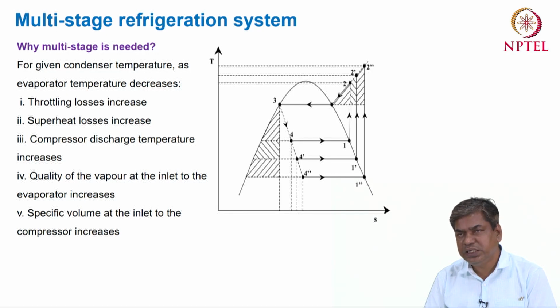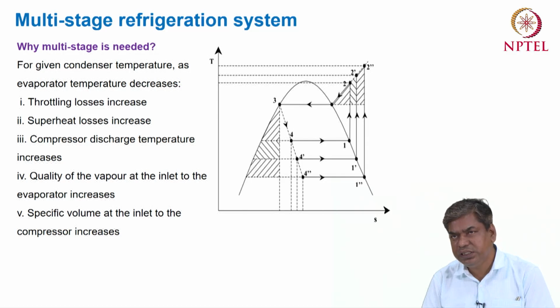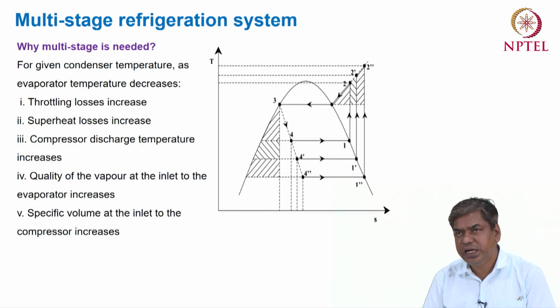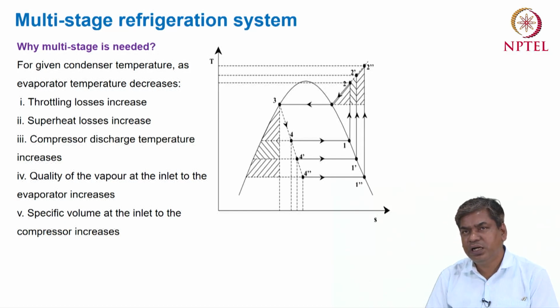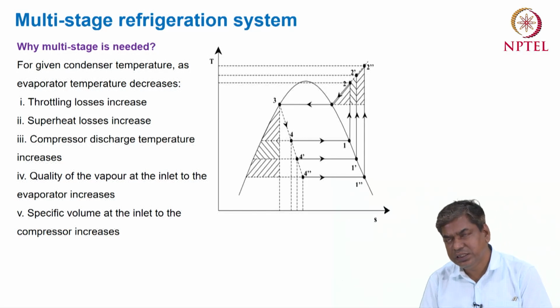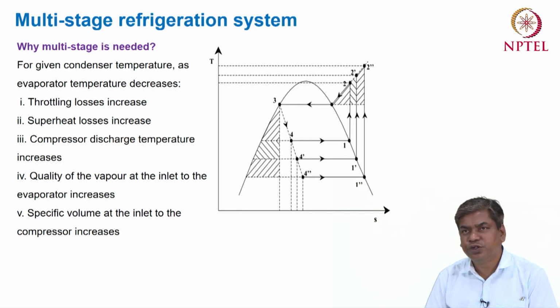Then the temperature difference between the condenser and evaporator will increase. And if the temperature lift of the cycle increases, what are the negative issues we will face by using a single stage vapor compression cycle?